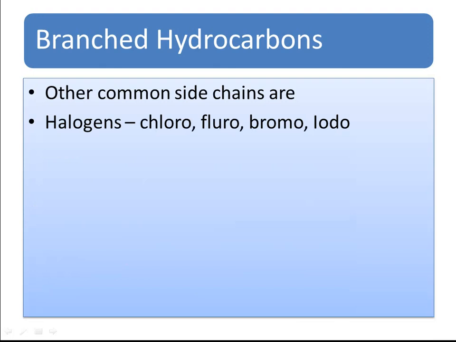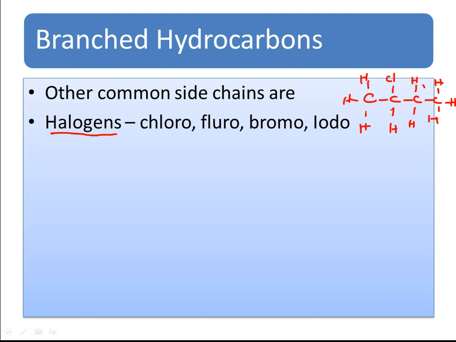Still looking at branches, we've got other common side chains, which are your halogens. Yeah, halogens can be part of the chain. So I can have a hydrocarbon like this one here, where I've got hydrogen, hydrogen here, hydrogen there, hydrogen, hydrogen. I can have chlorine and hydrogen, hydrogen, hydrogen, and another hydrogen here.